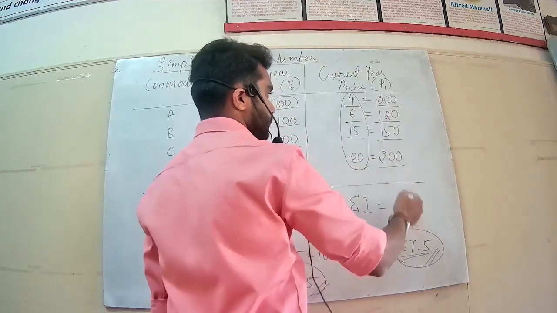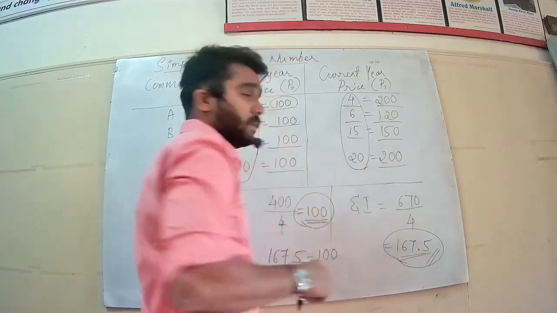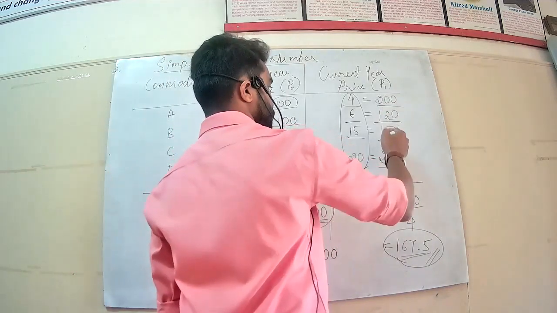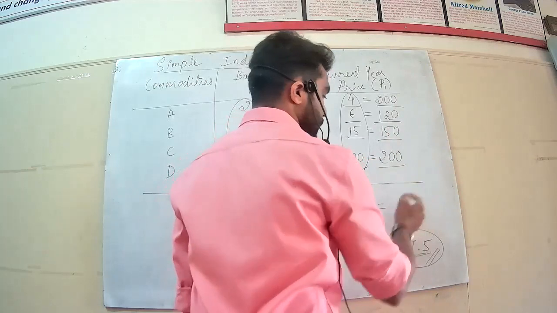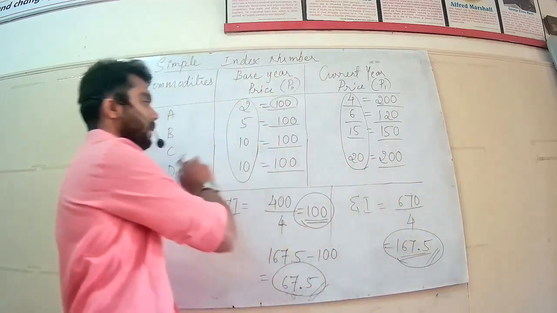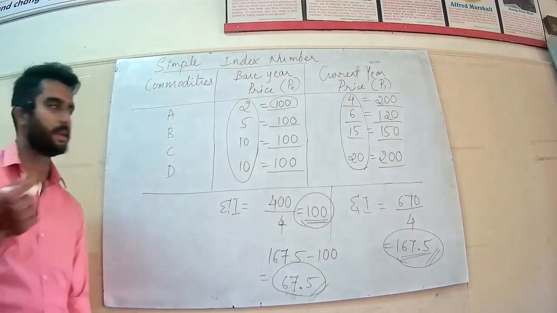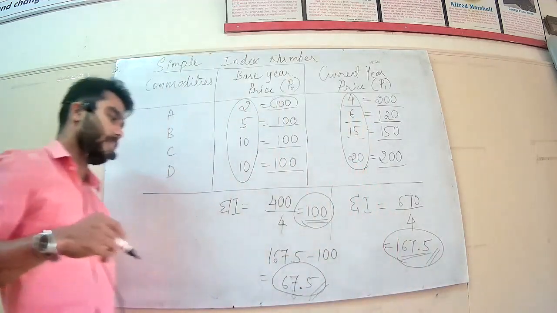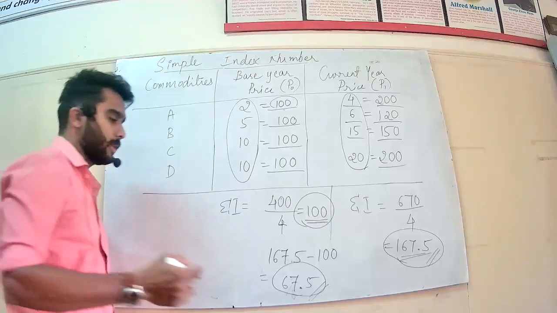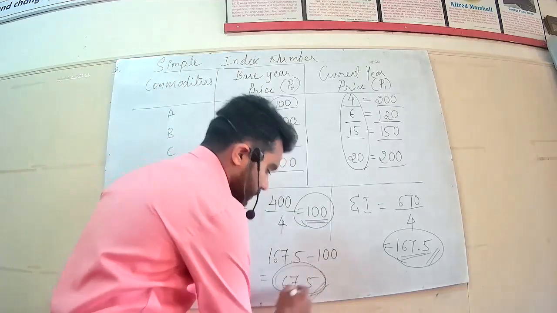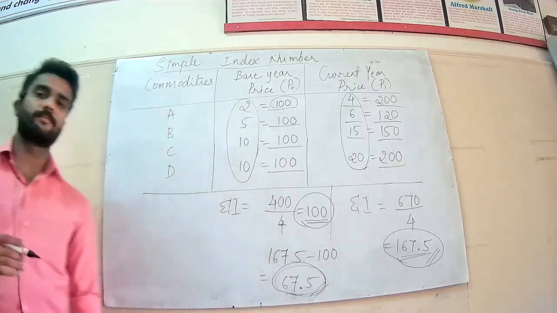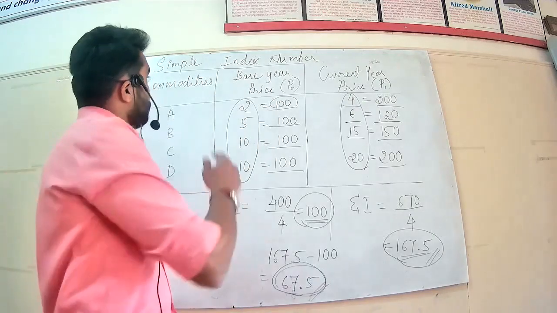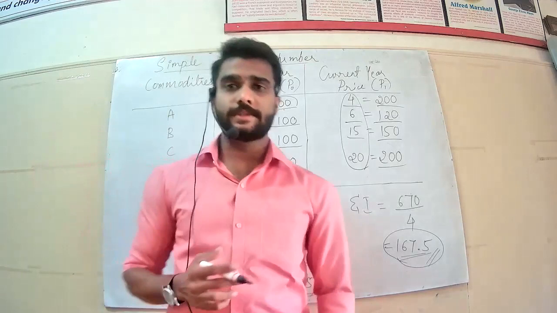You first add all these index number values, 200 plus 200, 400, 600, and 670, and divide by the total number of commodities, that is 4. Then you will get 167.5. So the prices have actually risen about 67.5 percent. I hope this is clear. This is called simple index numbers.